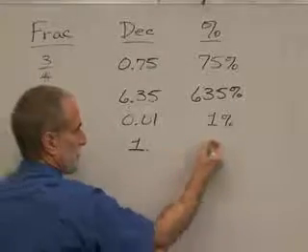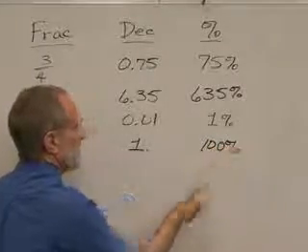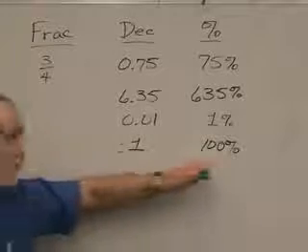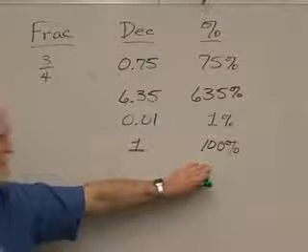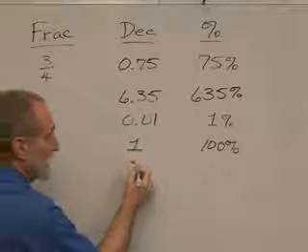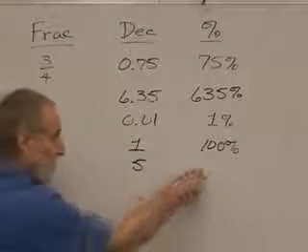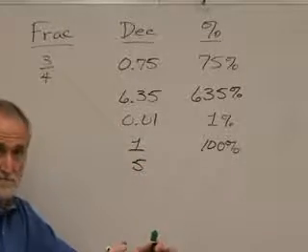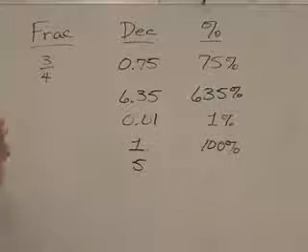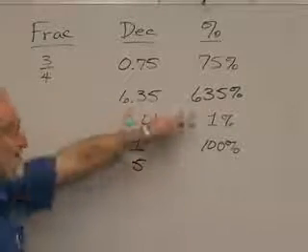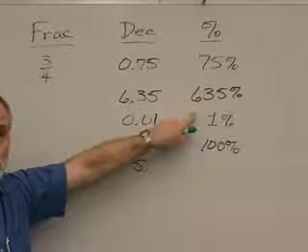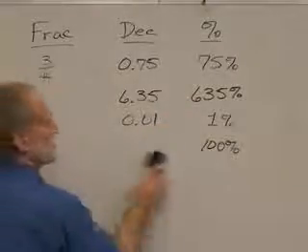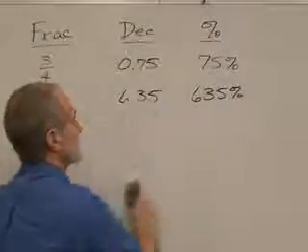It's 100%, isn't it? If I have one pizza, I have 100% of that pizza. So if I've got 5 pizzas, I've got 500% of that pizza. So if I've got 6 of something, it makes sense that it should be over 600%, shouldn't it? So sometimes it helps to remind ourselves what range we're in.